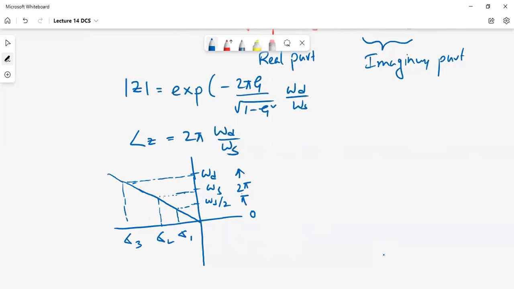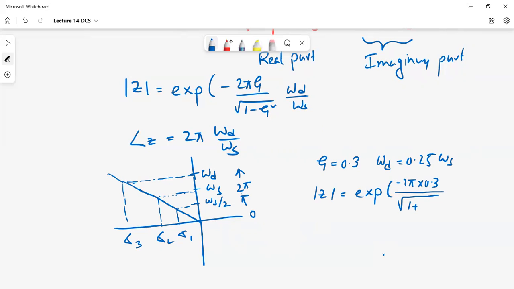Okay, so how can we find out the magnitude? Say for any particular value of zeta, they have used zeta equal to 0.3, and we are saying that omega d equal to 0.25 of omega s. So in this particular case, what will be our magnitude? Magnitude of z will be exponential of minus twice pi into 0.3, the zeta value, divided by root over 1 minus, sorry, 1 plus 0.3 whole square, into 0.25.